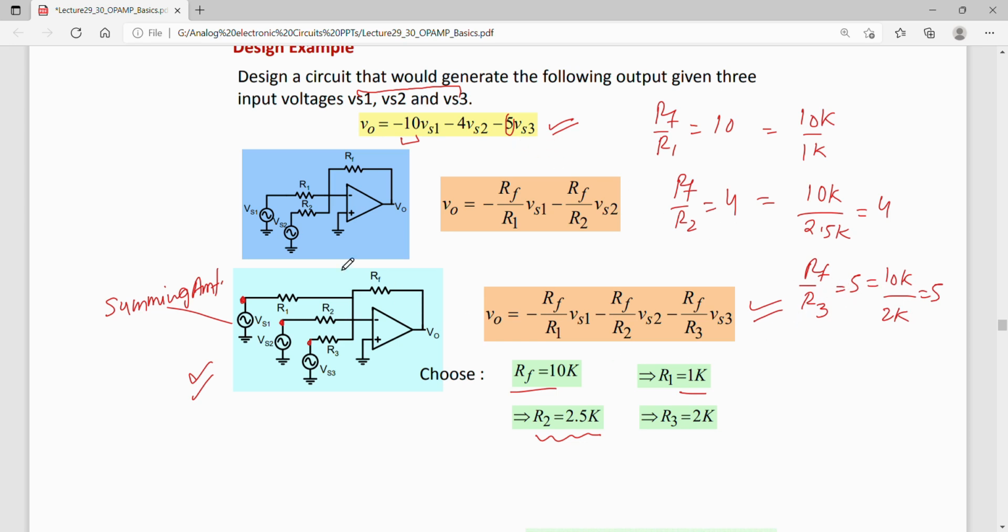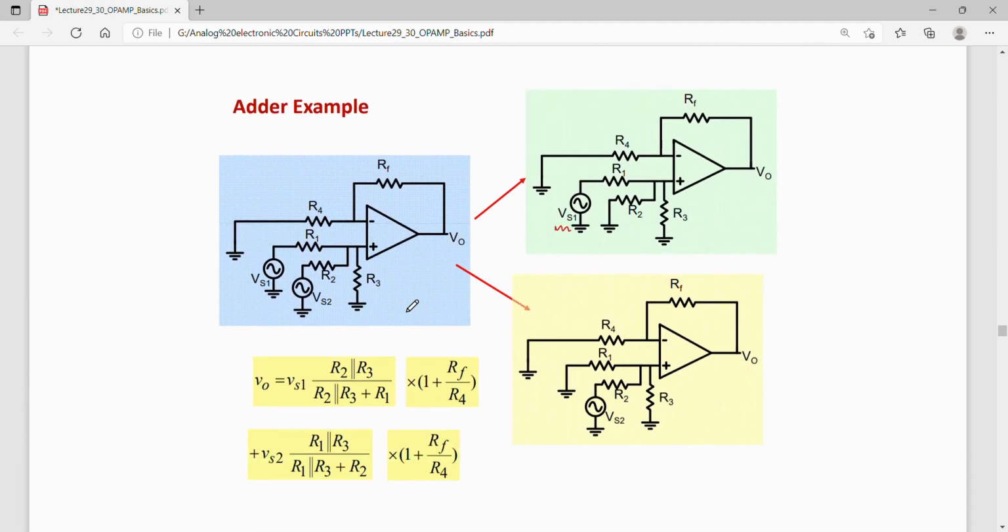That way one can design not just this output but any other output. Similarly, now let us say that we have another adder example. This time the inputs are applied to the non-inverting terminal, so the output will be positive, in phase with these two inputs.